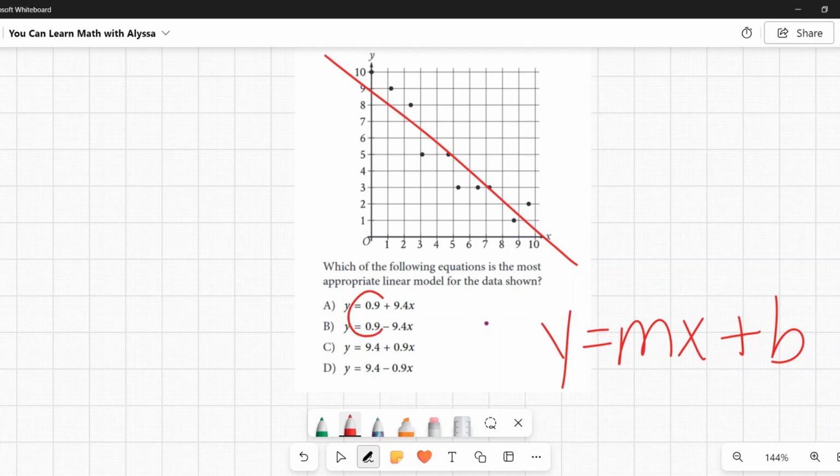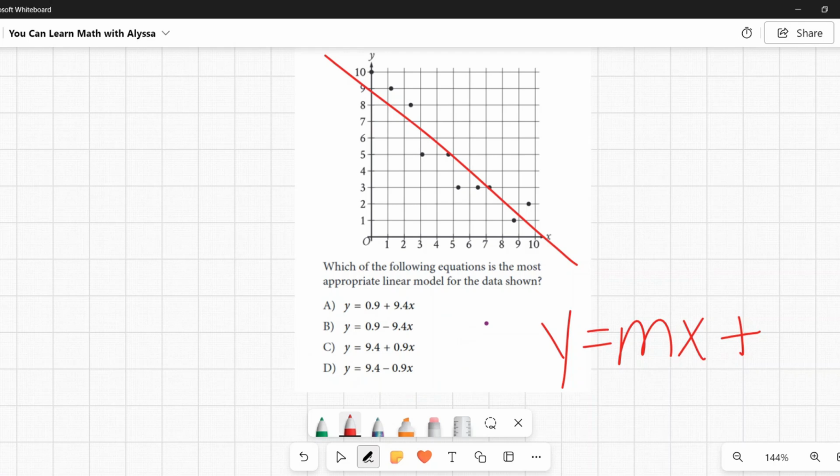We have two that have a y-intercept of 0.9, two that have a y-intercept of 9.4. So just by determining where the y-intercept is approximately, we can eliminate half the answers. And then we also have a positive and a negative slope, and then we have a positive and a negative slope here. And if you'll notice, they all four use 0.9 and 9.4.